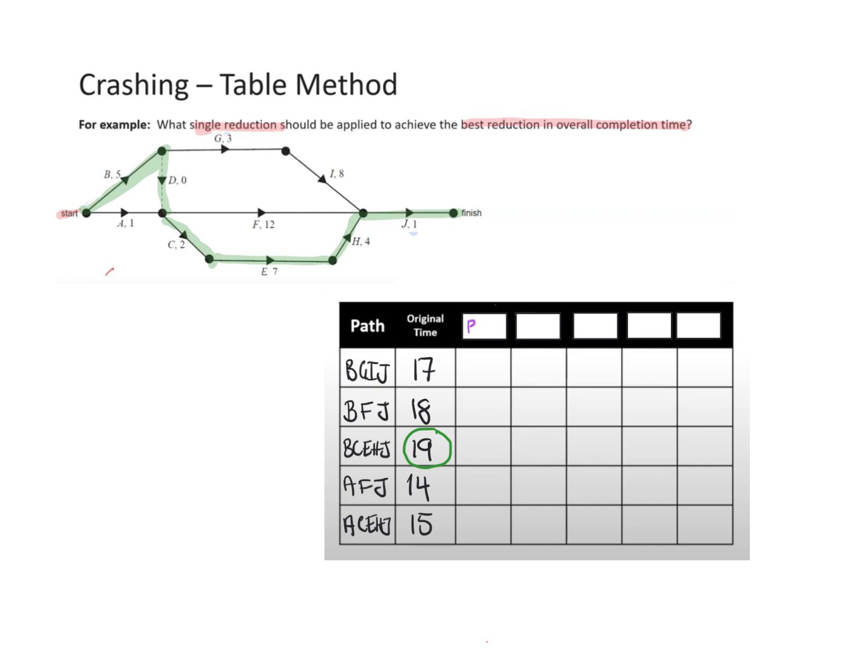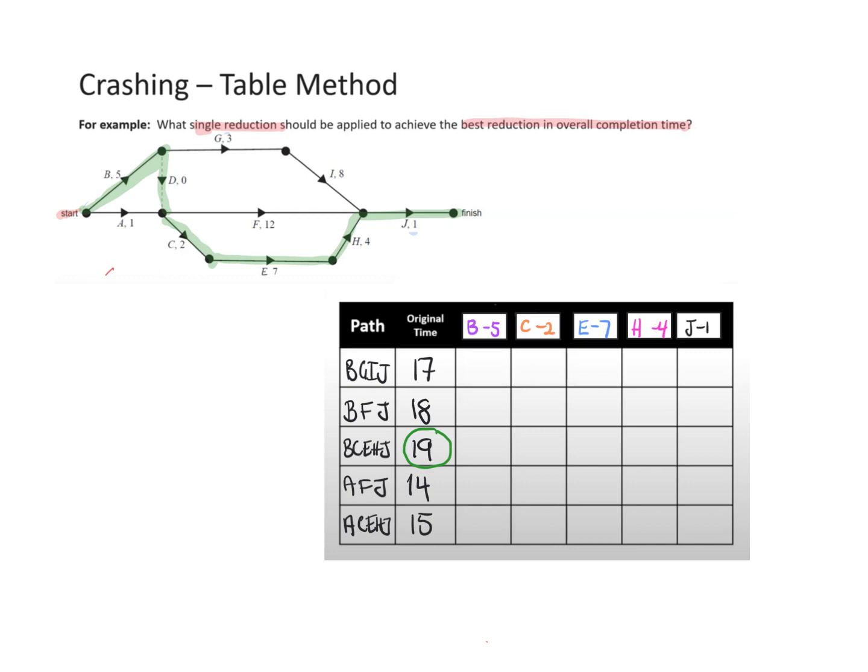If one option is I crash B, I can take away 5, the maximum, because that's what B is. If I look at C, C is 2, so if I crash C, I take away 2. If I crash E, I take away 7. If I crash H, I take away 4. And if I crash J, I'll take away 1.